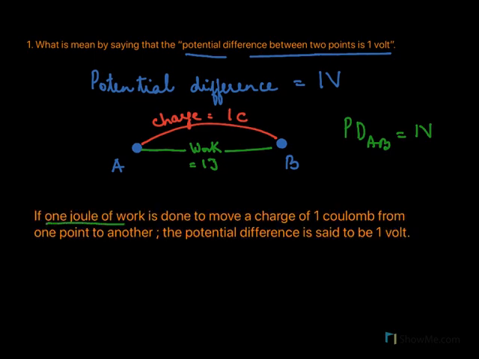So if 1 joule of work is done to move 1 coulomb of charge from one point to another, the potential difference is said to be 1 volt.